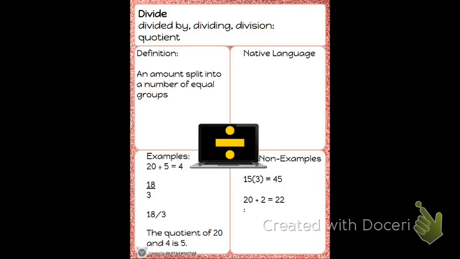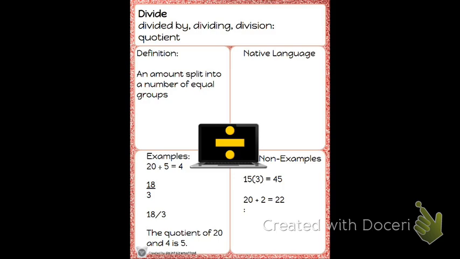Divide, or you may see divided by, dividing, division. Quotient is the answer to division. And so division is when we're taking a set amount and splitting it into a number of equal groups. Examples, we could see it written 20 divided by 5 equals 4.